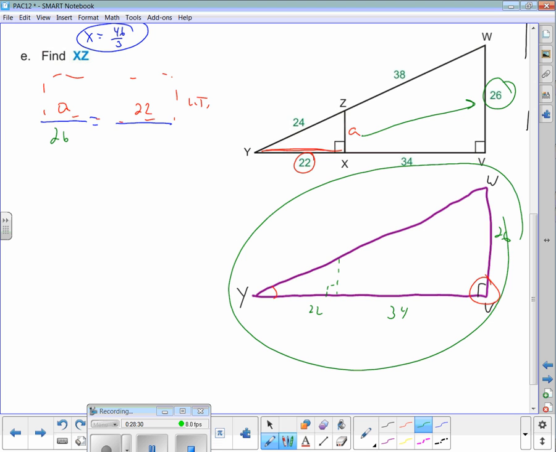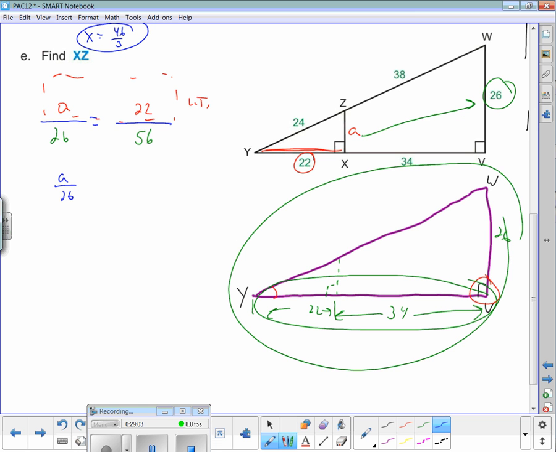You know what a lot of people say to put on the bottom right here? 34. But do you see how the 22 is from here to here and the 34 is from there to there? So what really is the bottom side of that large triangle? And I hope you say 56. That's tricky, but I'm showing it to you so you'll remember it. Okay, and then you finish.